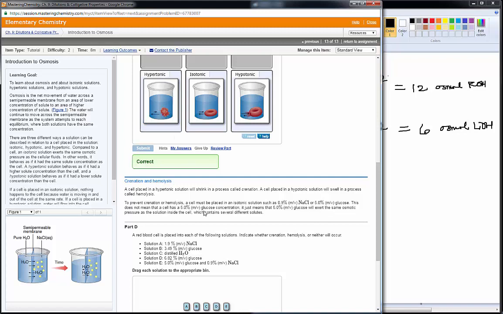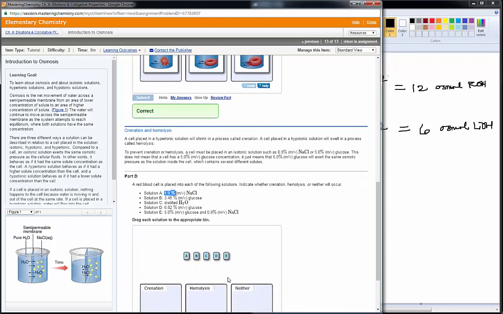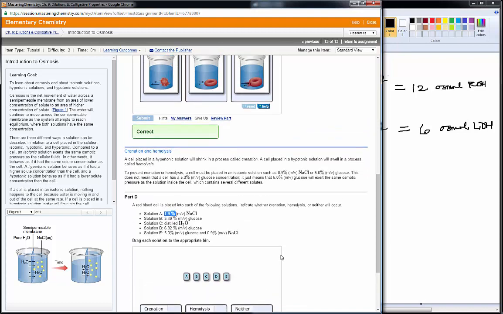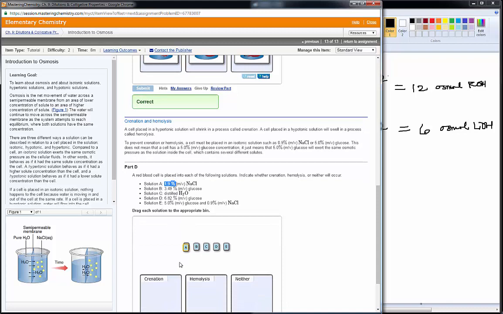So let's see, solution A, that is higher, so that's going to do crenation. Solution B, that's lower, so that's going to go the other direction. That will be hemolysis. Solution C, that's essentially 0%, so that's much lower, also hemolysis.